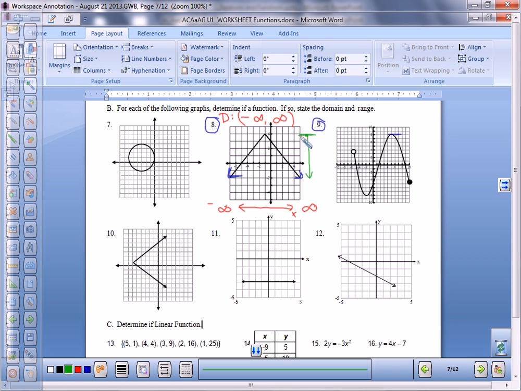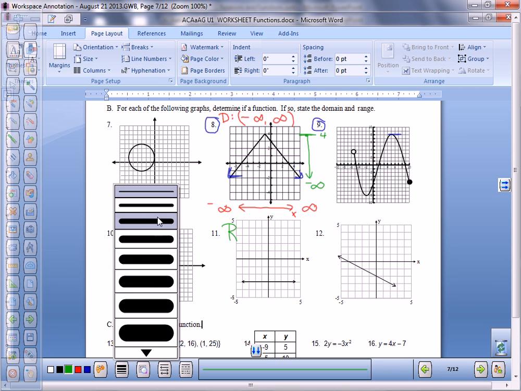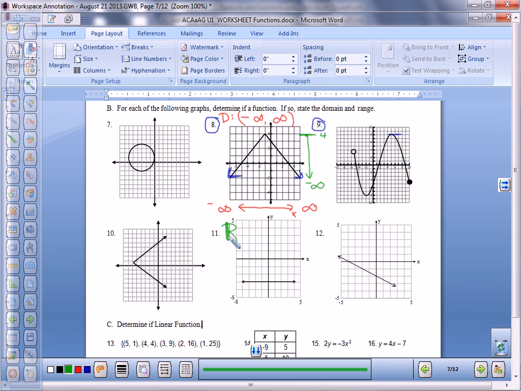Positive 4. So if we were to write the range, the range is going to be our least value, negative infinity, to 4. Does it include that 4? Yeah, it actually gets right up to it. So we include the 4.